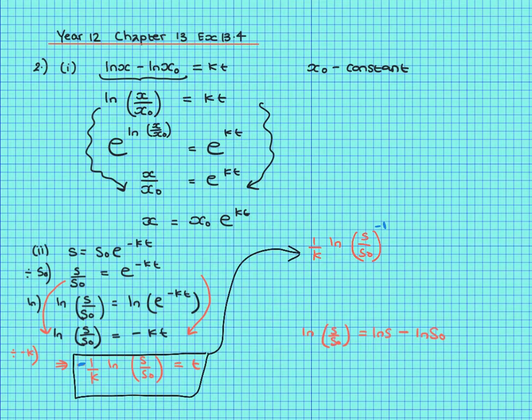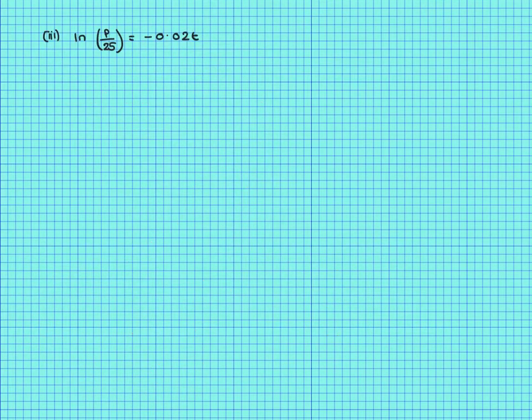They've left the 1 over k alone, which is fine, and it's the negative that then makes its way up as a power of negative 1. On the right hand side we still have t. Now we know if something is raised to the power of negative 1, that is a reciprocal. So this then gives a final answer of 1 over k ln s0 over s equals t. And that's the answer in the back of the textbook.